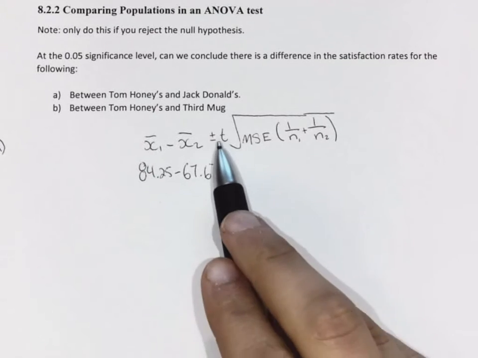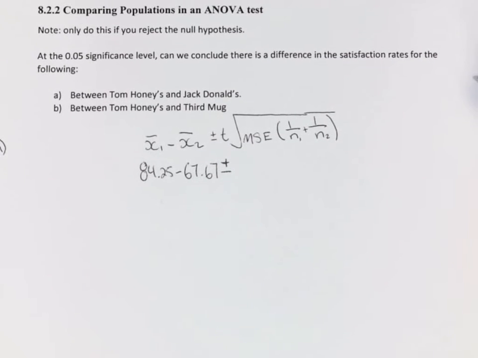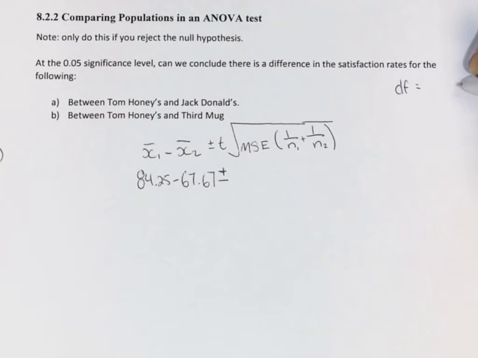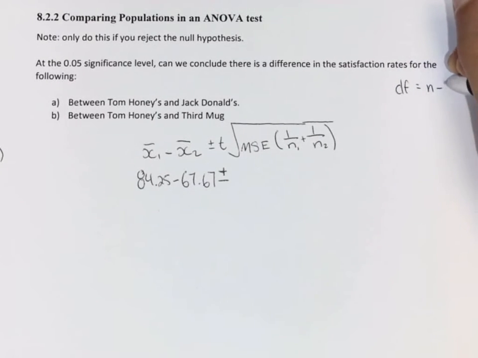First we need to determine our degrees of freedom. So in this example, our degrees of freedom equals n minus k.